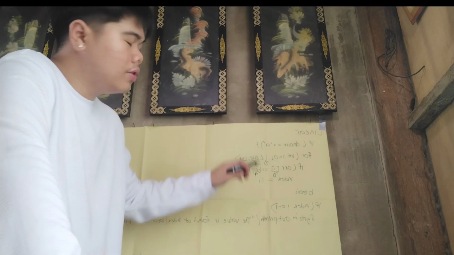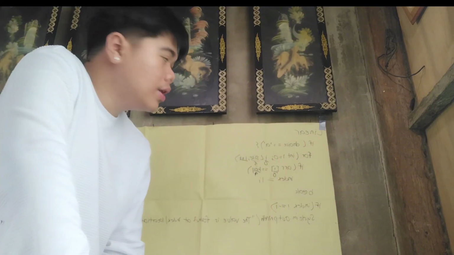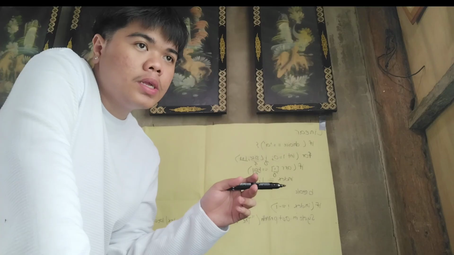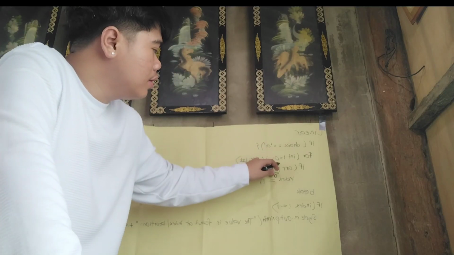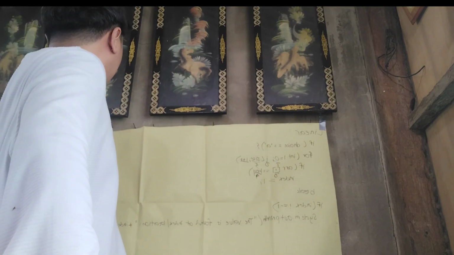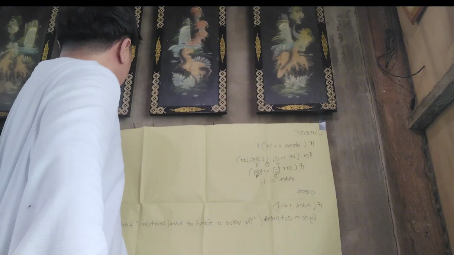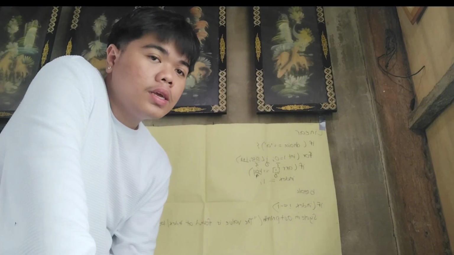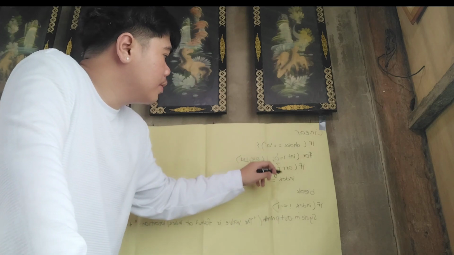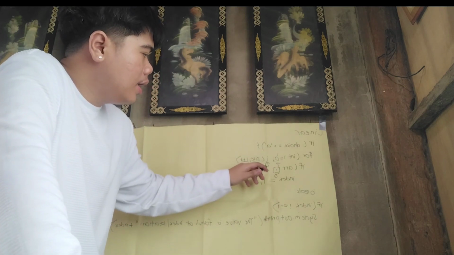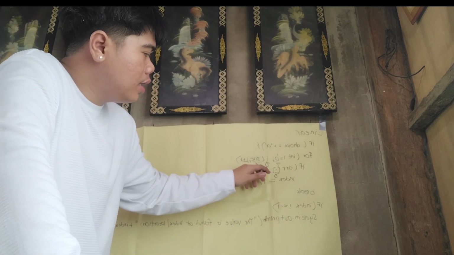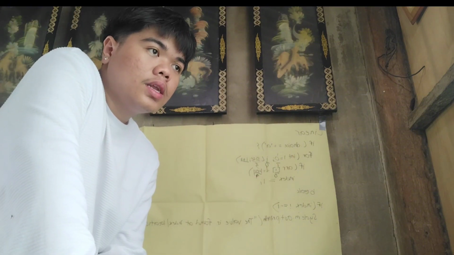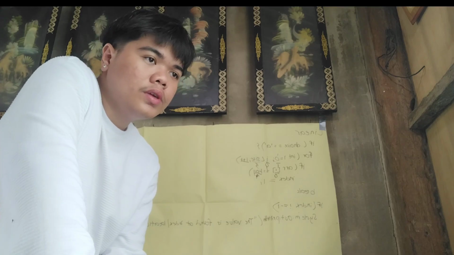So i is increased by 1. So i, which was 0, is incremented and becomes 1, right? So i is 1, which is less than 5, which is true.